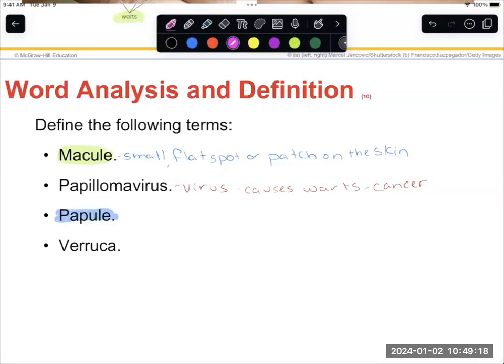A papule is like a pimple. So it's an elevated, circular lesion on the skin. Verruca is a wart caused by a virus.